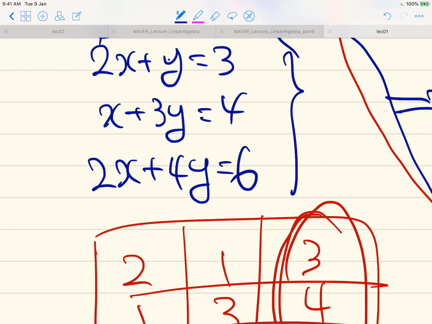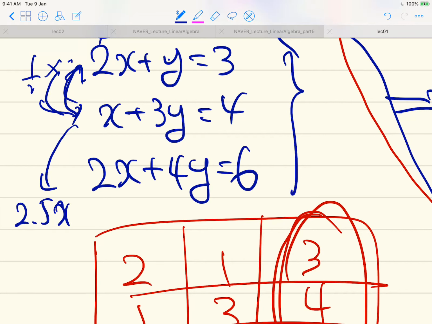Let's forget about the Gaussian elimination and just solve it: multiply the first one by half and subtract it from the second one. The resulting equation will be 2.5 times y equals 2.5, right? So we obtain y equals 1.